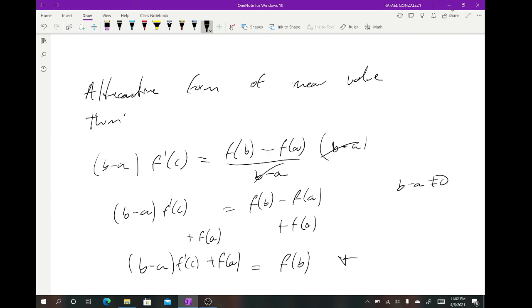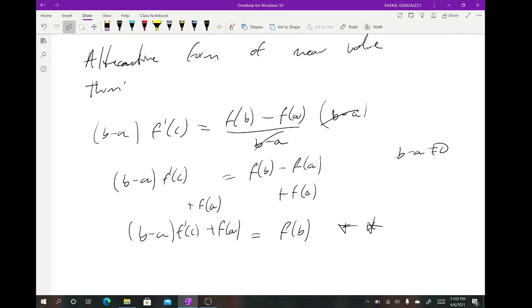This is a very useful form of the mean value theorem as well, because now we know how to describe the value of the endpoint in the function in terms of the derivative. And this turns out to be very useful when you are trying to prove things in other classes.